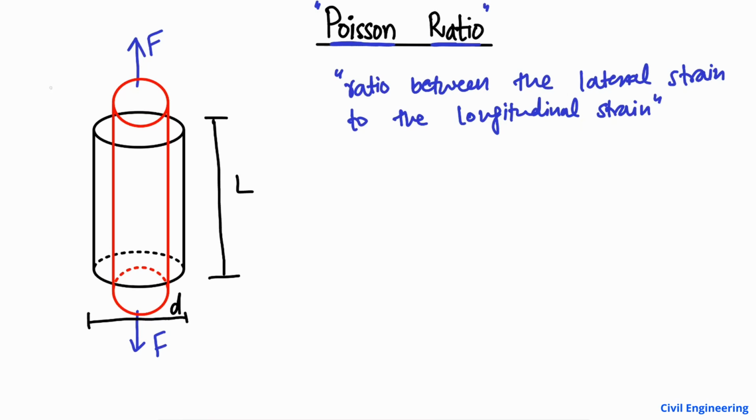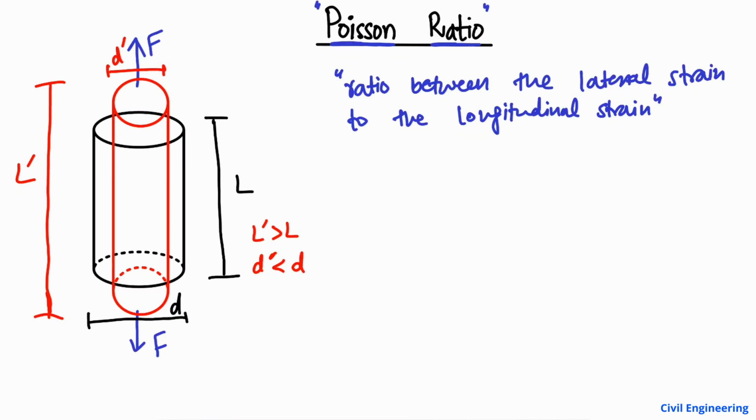We will have a new L, which will be L dash, which will be more than the original length L, because the object extends in its length. Now if we look at the other dimension, the lateral dimension, the diameter, if I represent it by d dash, d dash decreases compared to the original diameter of the cylinder.